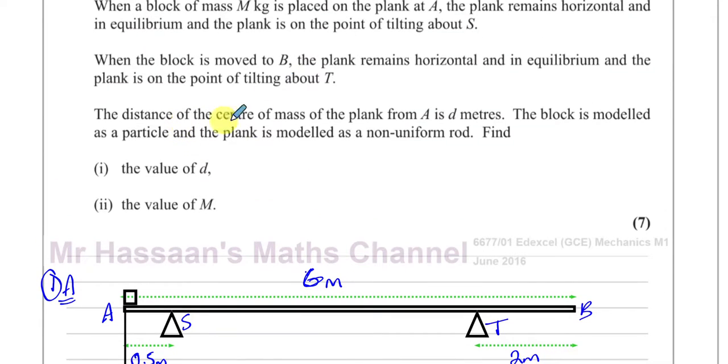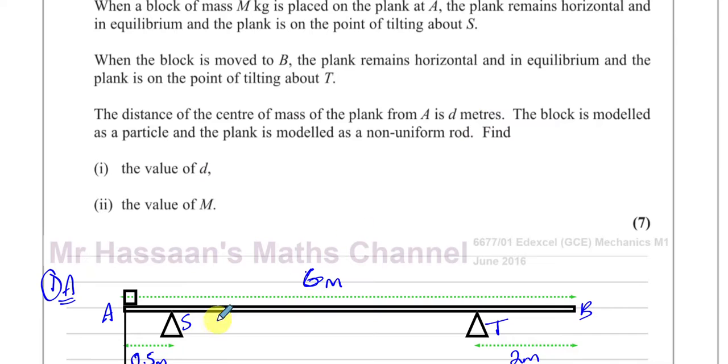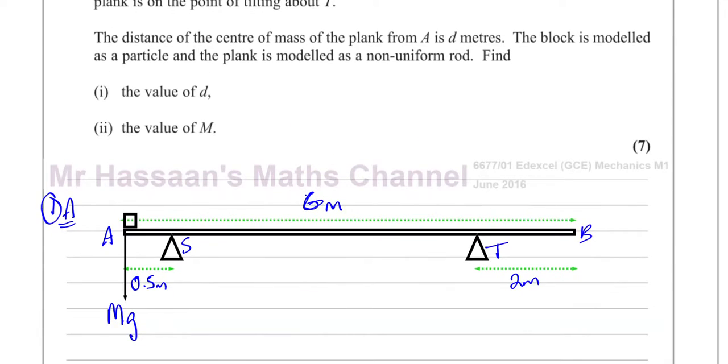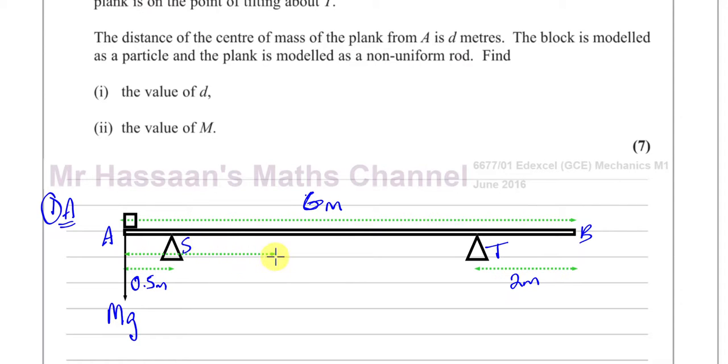They've told us that the distance of the center of mass of the plank from A is d meters. So we don't know where it is exactly, somewhere over here. We're just going to call it d. I'm just going to put it at a random place.